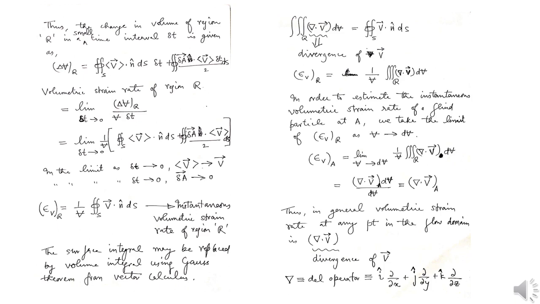I had also pointed out that we can achieve this if we can find the volumetric strain rate of the region R, and then, since the size and shape of the region was quite arbitrary, pose the question: suppose we progressively visualize smaller and smaller material regions surrounding this point A. Remember, I am not physically shrinking this region R in time.